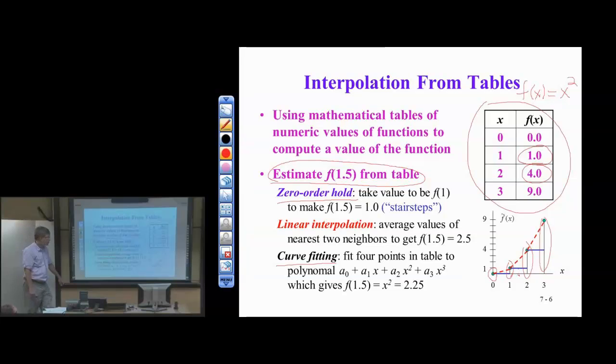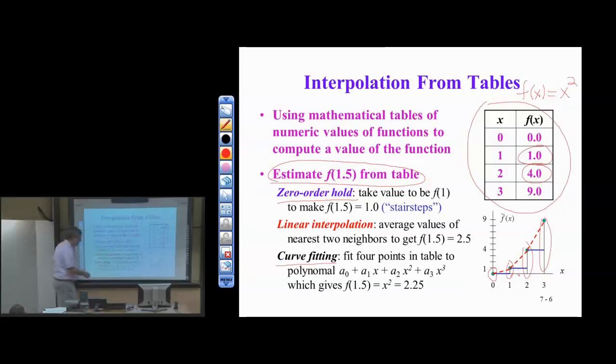So I can do a third order polynomial, a0 plus a1x plus a2x squared plus a3x cubed. And I get 4 equations and 4 unknowns. Right? So I know when x is 0, I get 0. That tells me that a0 is 0. I put in x of 1, the answer is 1. So it's three unknowns in one equation. But all totaled, I get 4 equations and 4 unknowns that I can solve for the answers. And what I'll get is a0 is 0, a1 is 0, a3 is 0, and a2 is 1 after doing the back solving.